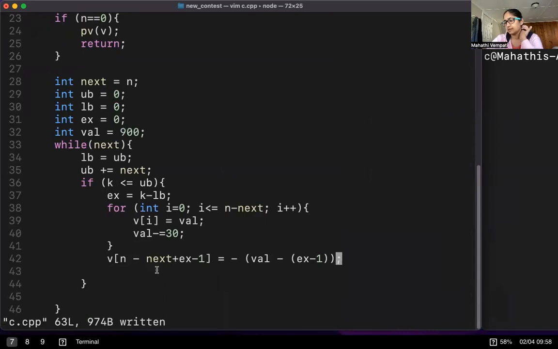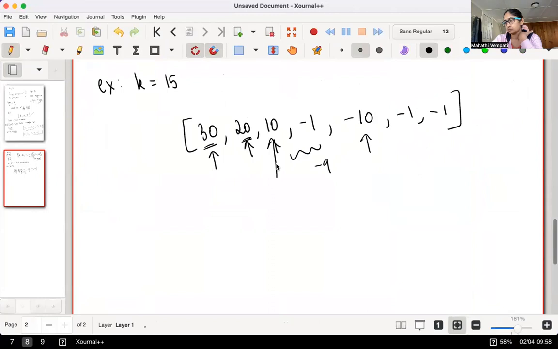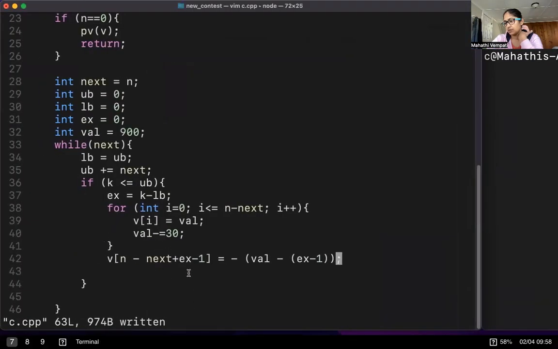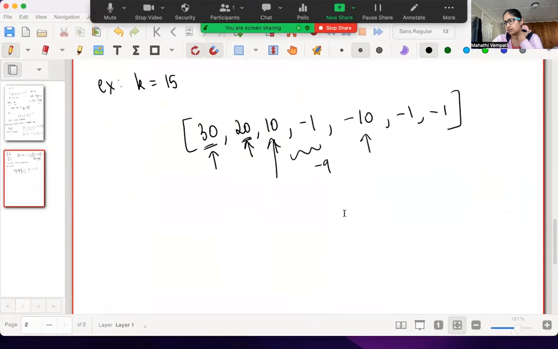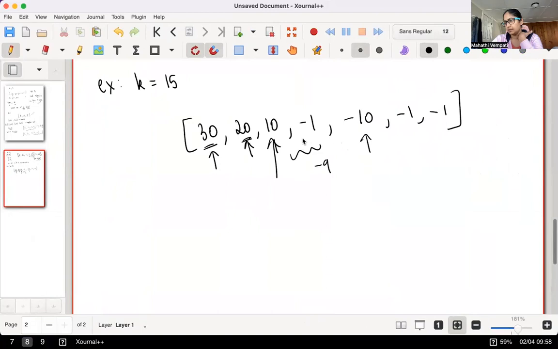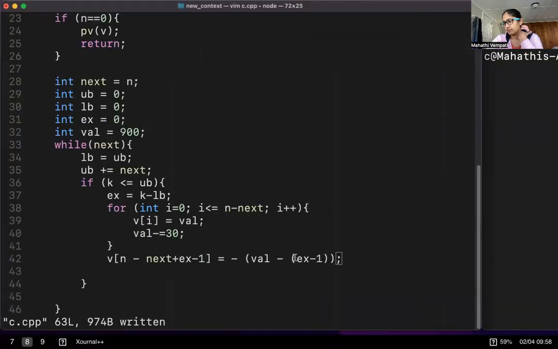Then n minus next here would be 2. 2 plus 1, 3 minus 1 would be 2. It would come here, which is what I want. And this would become val.